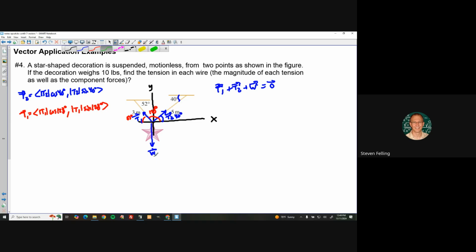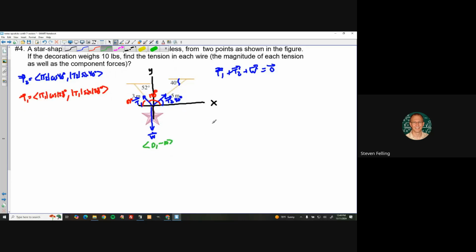Okay, for the W, I'm just going to say by inspection that its weight is 10 pounds and it's completely in the negative y direction. So I don't need to use this cosine thing. It's just 0, negative 10 pounds, negative because it's in the negative y direction. And now I'm going to make a vector equation here.